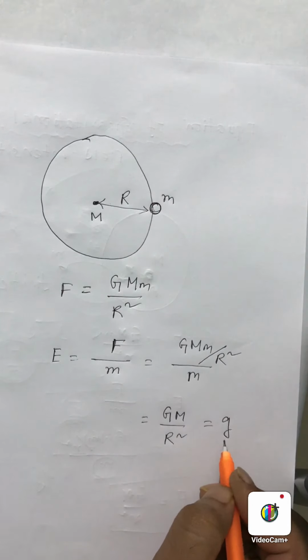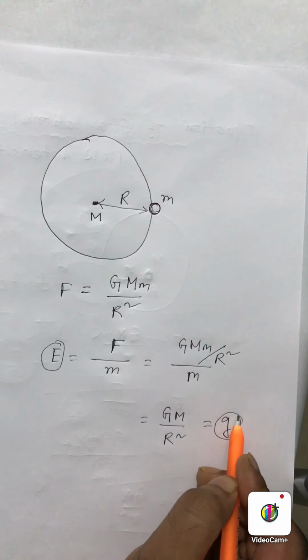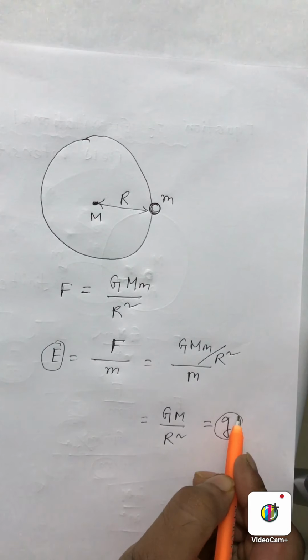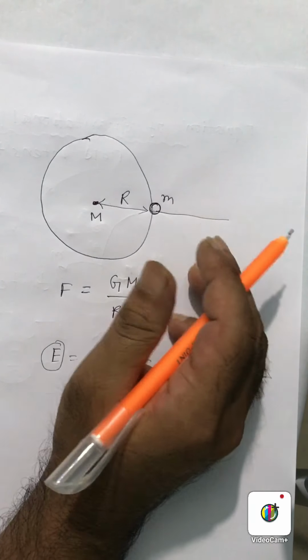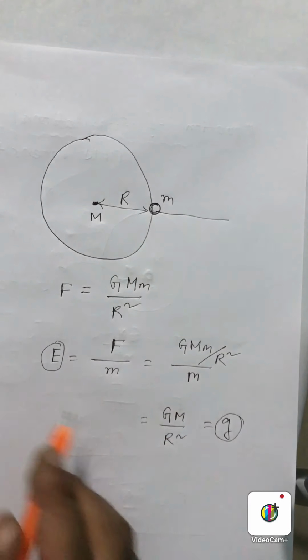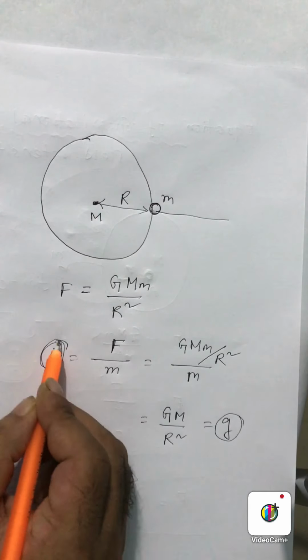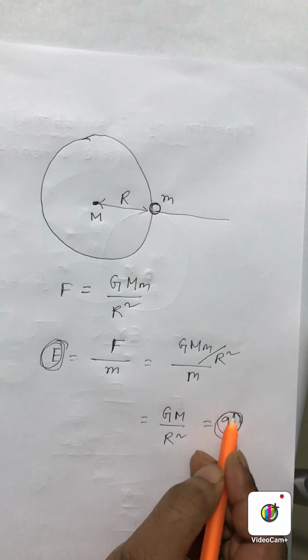So gravitational field strength and gravitational acceleration at the surface of the earth are equal, or at any other point outside the earth's surface, the gravitational field intensity and gravitational acceleration are equal.